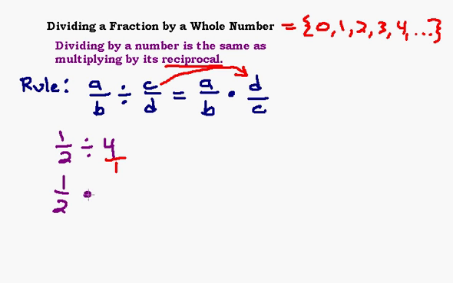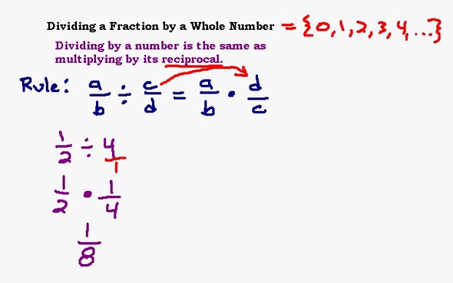A lot of times people use x for times, but as you go on in math, that's going to change to a dot for times. A big dot, don't get it confused with a decimal. And then we have to take the reciprocal of 4. So we're going to flip over 4 over 1, and that's going to become 1 over 4. So now we have a multiplication problem. We're going to do just like normal by multiplying the numerators together. 1 times 1 is 1, and 2 times 4 is 8. So the answer is 1/8.